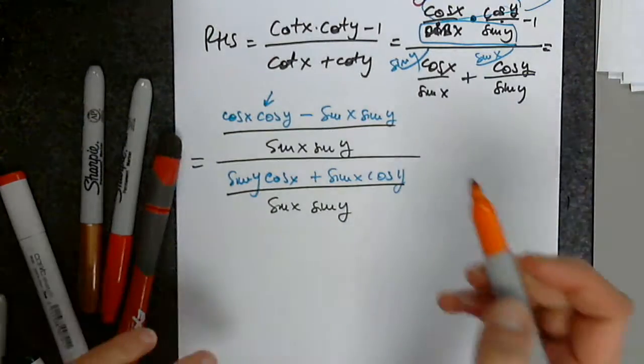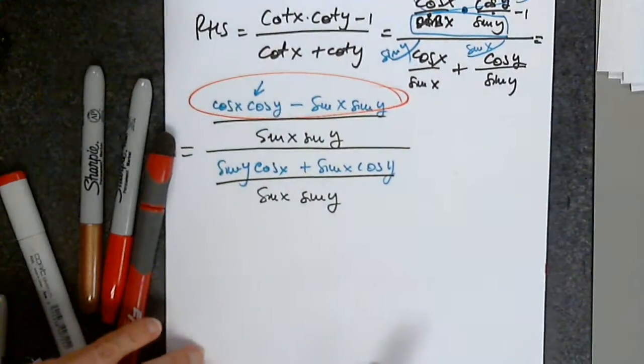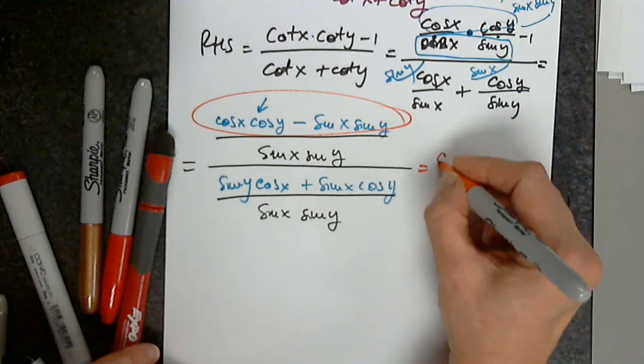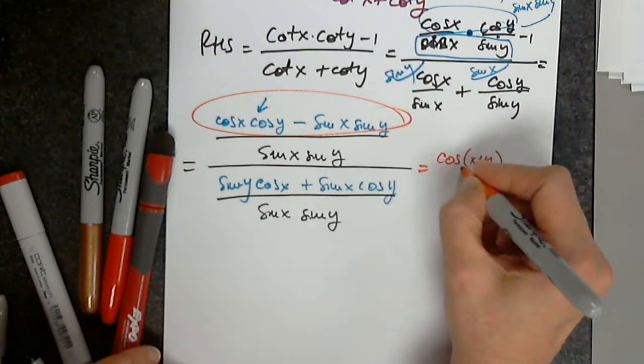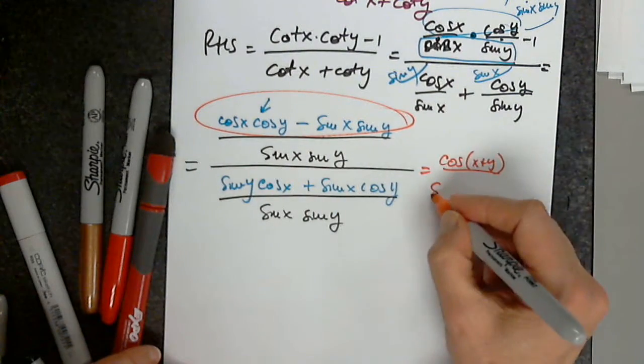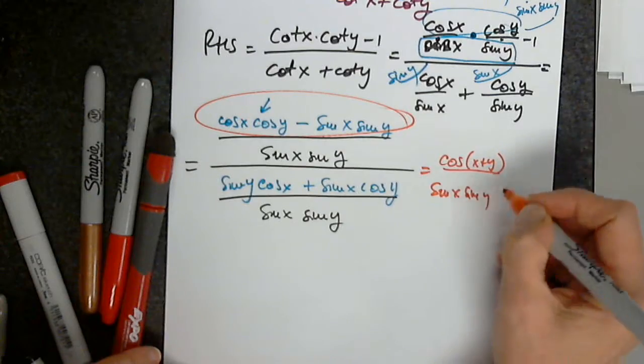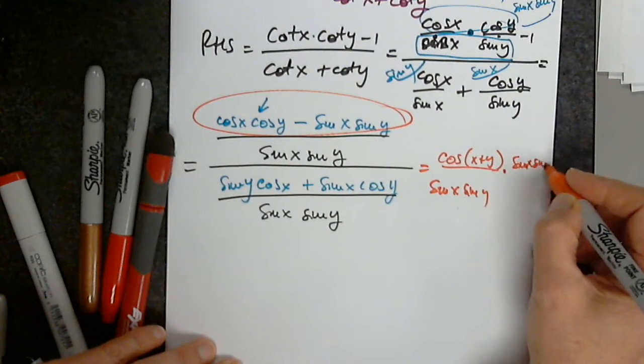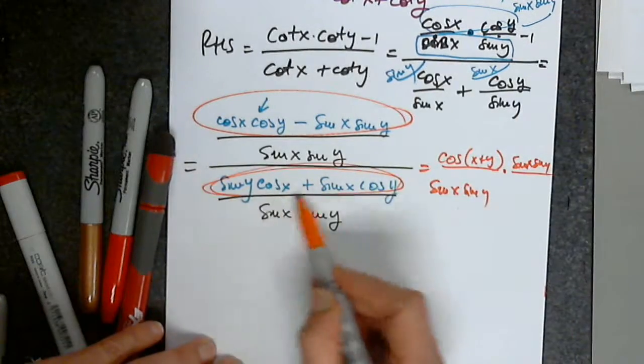So now I know what this is. That's cosine of x plus y. Indeed. Over this, times, and I flip, sine x, sine y. And now what is this?